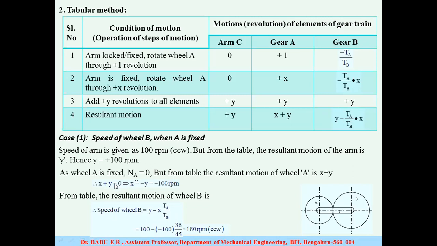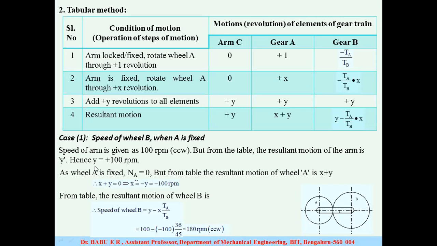You know the value of y is plus 100, minus the value of x, which is minus 100, into the number of teeth on gear A, which is 36, by the number of teeth on gear B, which is 45, which is equal to 180 rpm. So it is a positive value, so it will rotate in the counterclockwise direction. This is compulsory, you have to write. If you get negative, then it is clockwise. If it is positive, it is the counterclockwise direction. That is the notation I am following.